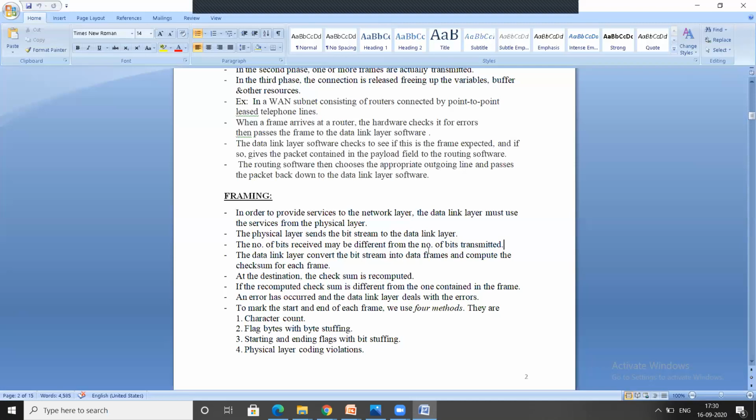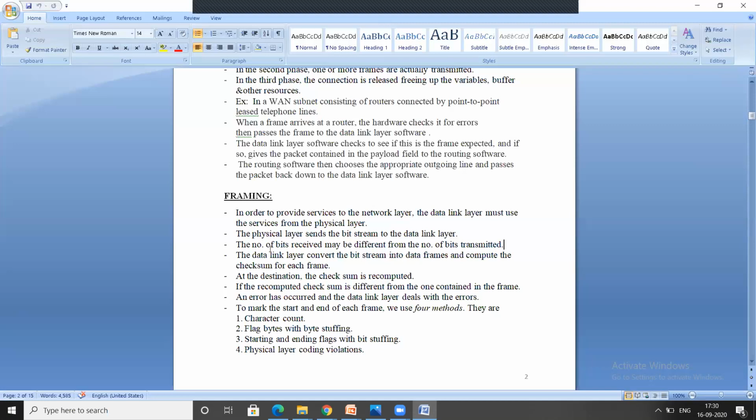You need to understand each and every point here, then only you can understand what is the data link layer and what is framing.